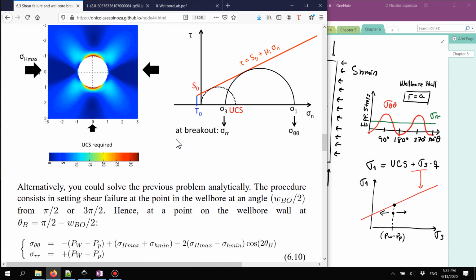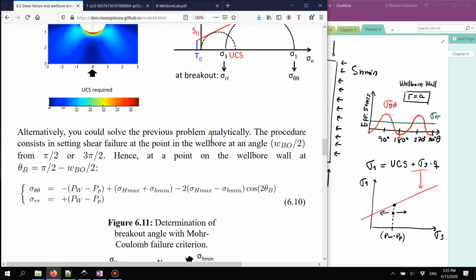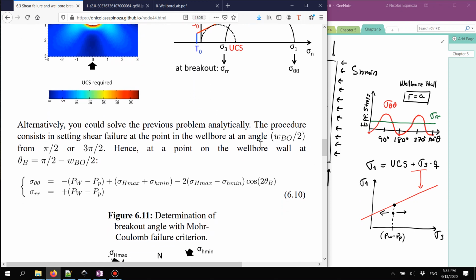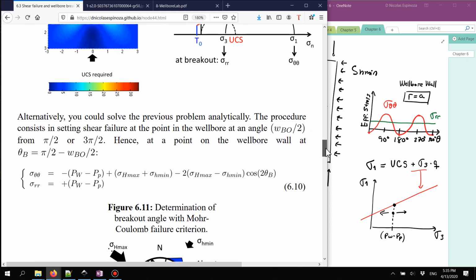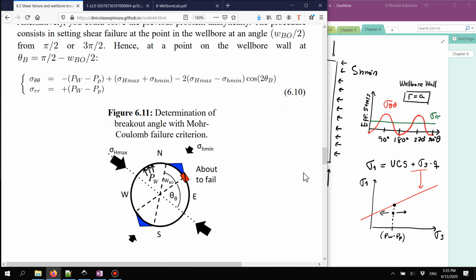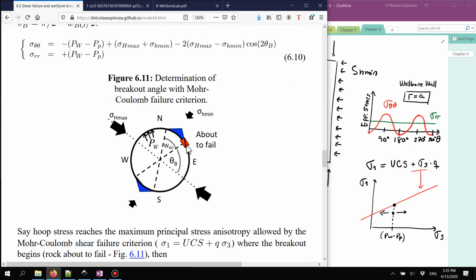Okay, so if I wanted to do that, there is a simplified approach to calculate this breakout angle. The simplified approach consists of looking at the cross section of the wellbore and determining the condition of failure at the beginning of the breakout. In this particular case, this is the breakout, or the region where I'm going to have shear failure.